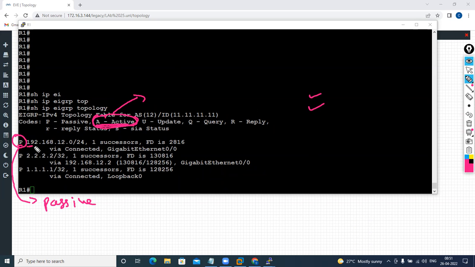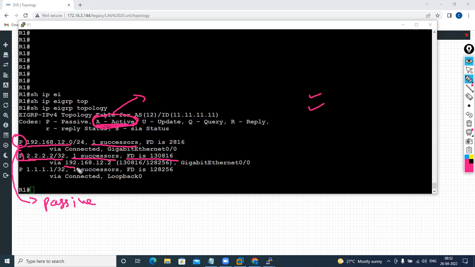So this is your network. This is your successor, can you see here one successor? If there was a feasible successor that satisfies the feasibility condition, then you will have a feasible successor. That we'll see in the next lab. So we'll concentrate on this entry. P passive, this is 2.2.2.2/32, and we have one successor. So this is the feasible distance, the total distance from source to destination.